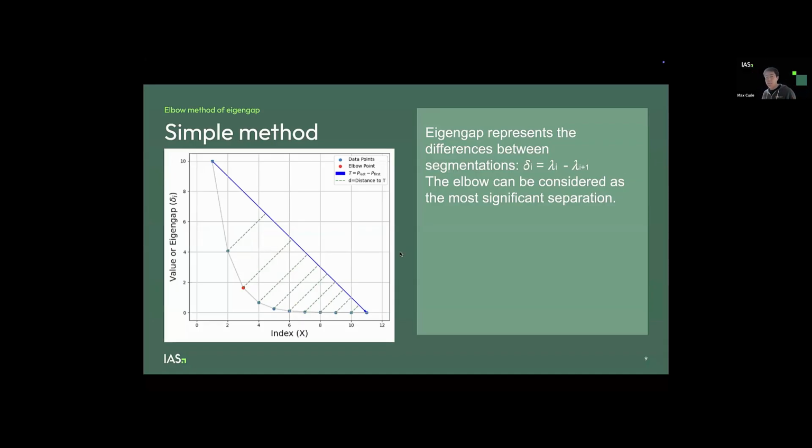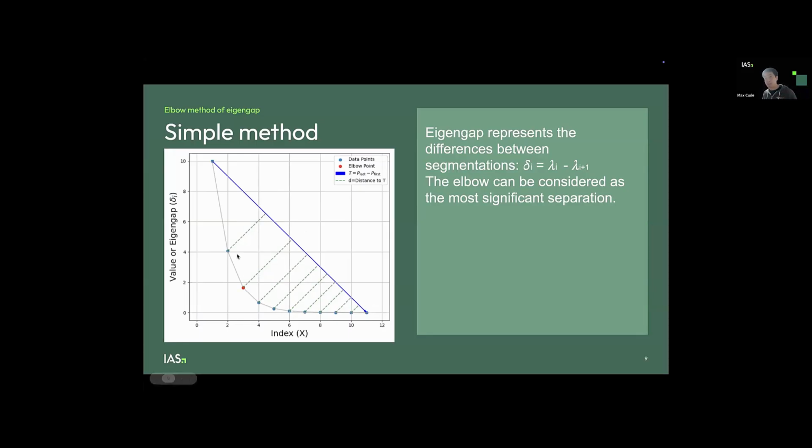The eigengap method is essentially just the elbow method. In this plot, the x-axis is the index and the y-axis is the eigengap value. The eigengap is the difference between eigenvalues of the affinity matrix, lambda i minus lambda i plus one. You connect the first and last points, then draw the distance from the different data points to this line and see which is the furthest, and consider that the elbow.